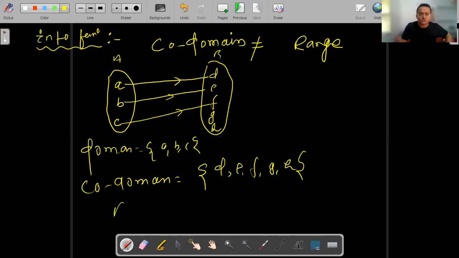Then the range. Range is what? Only the mapped elements in set B. So which elements are mapped?